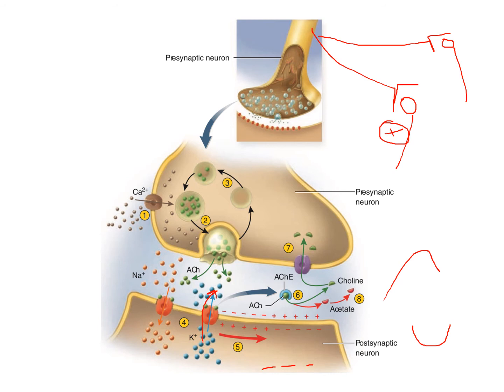While the other neuron that has a ligand-gated potassium channel, when acetylcholine binds to it and allows the free movement of potassium through it, it's going to inhibit the cell because it is going to hyperpolarize it. So it's going to get it further away from its threshold.